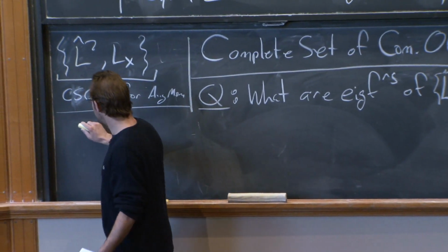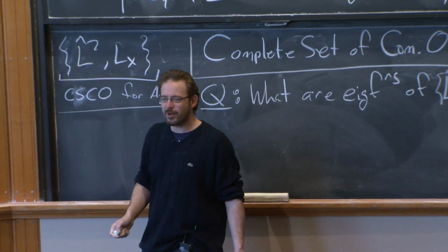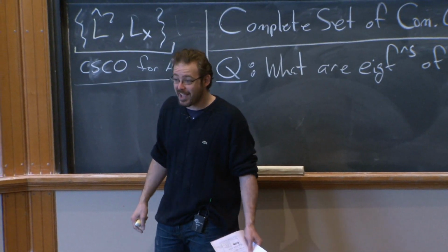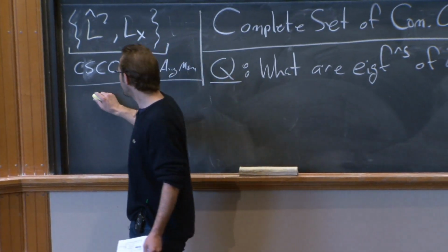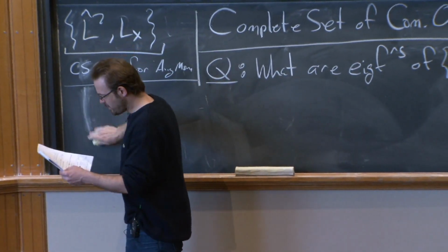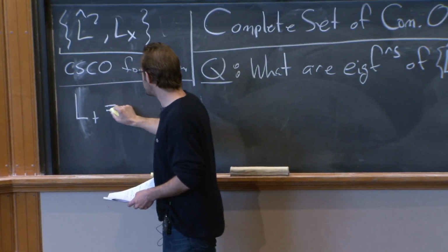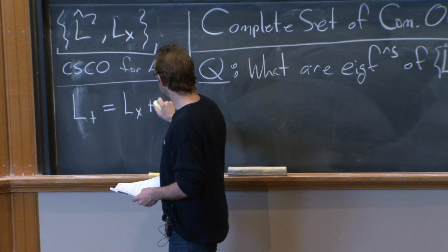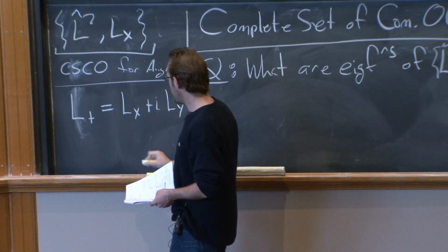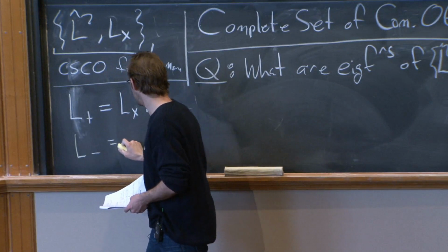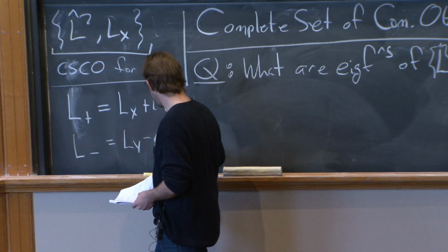And in particular, much like that moment in the harmonic oscillator where I said we could write down these operators A, well, look. We can write down these operators, which I'm going to call L plus and L minus. L plus is going to be equal to Lx plus i Ly. And L minus is going to be equal to Lx minus i Ly.